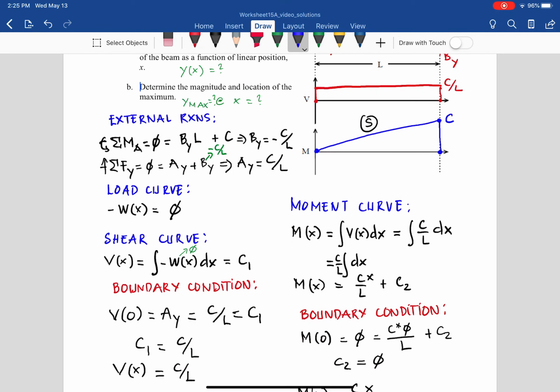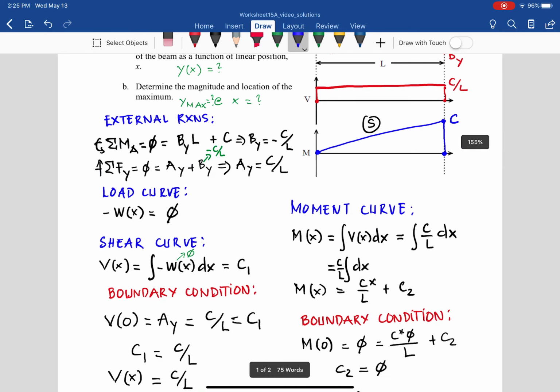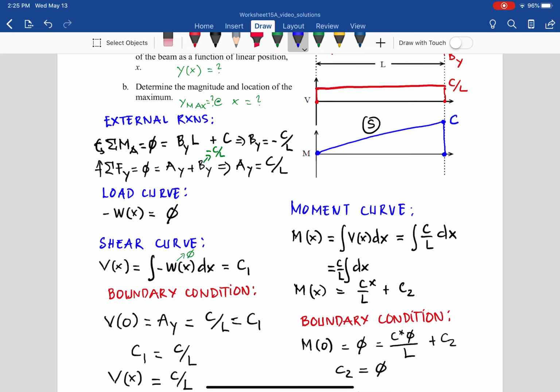For the moment diagram, it's 0 at A and C at the right end, and that gives us the moment curve.